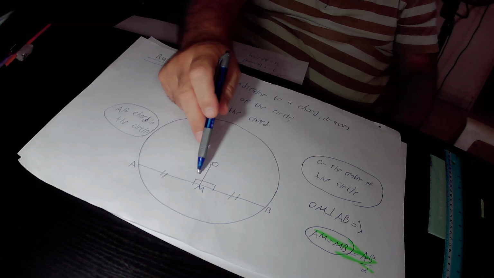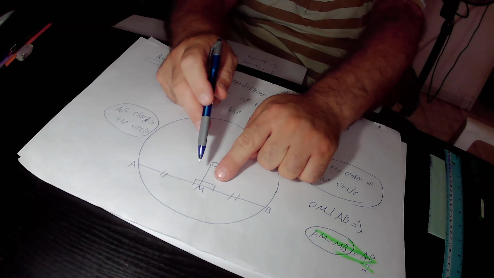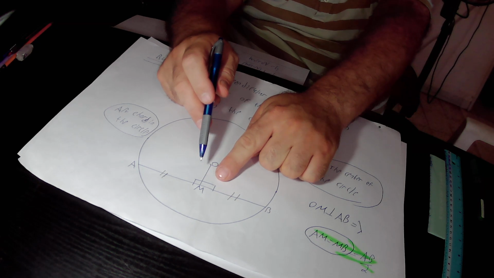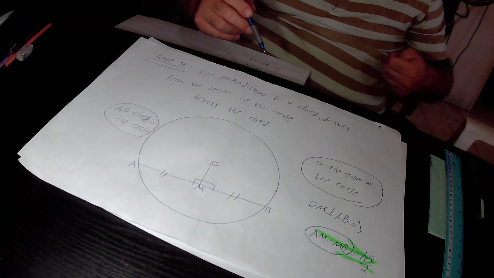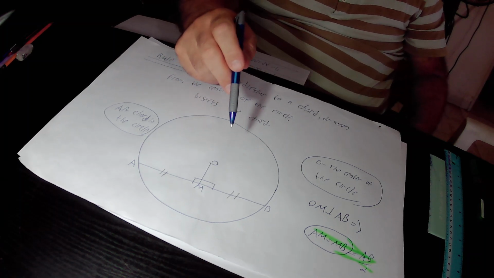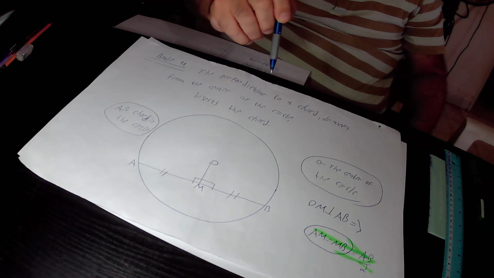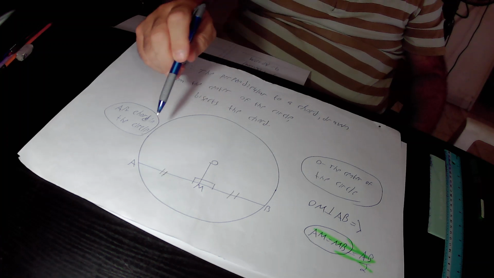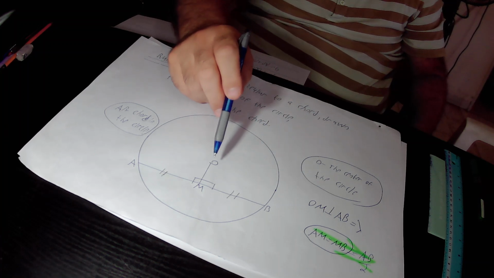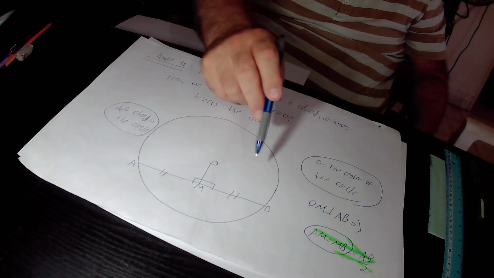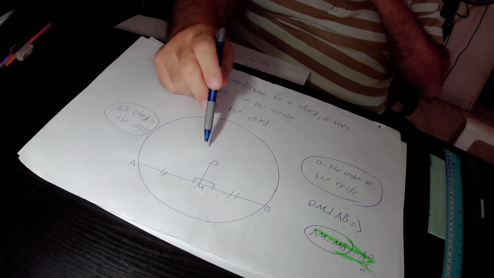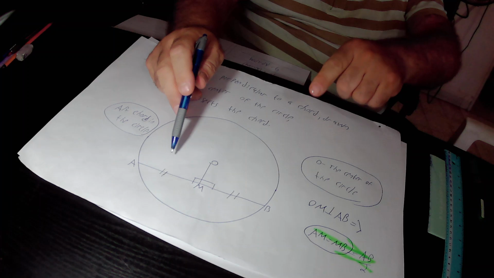That is to say, this angle equals 90 degrees, and this angle also equals 90 degrees according to our construction. According to rule 11, the perpendicular OM drawn from point O, the center of the circle, will bisect chord AB. If OM bisects chord AB, it means that OM divides chord AB into two halves.